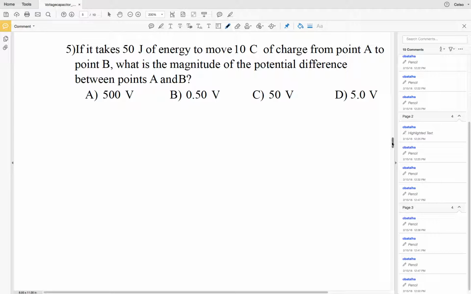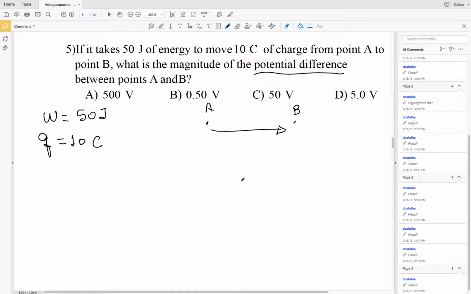So you have energy, which is 50 joules, and we have a charge given, 10 coulombs, from point A to point B. So you want to move the charge that way. What is the magnitude of the potential difference? Which letter represents potential difference between 2 points?